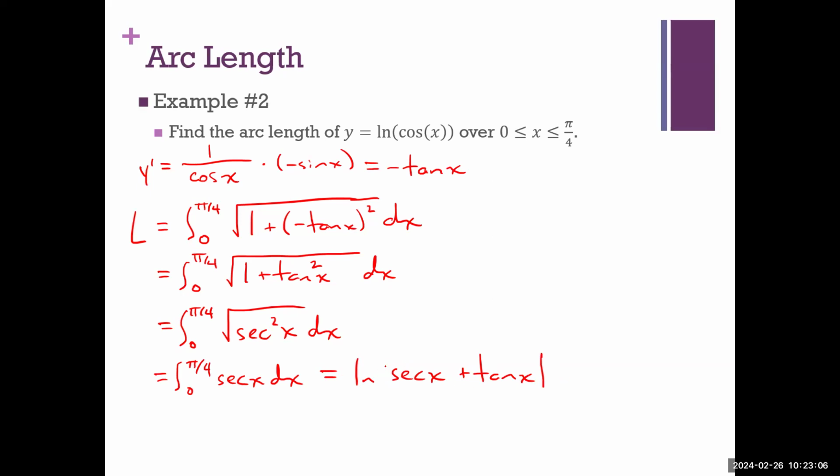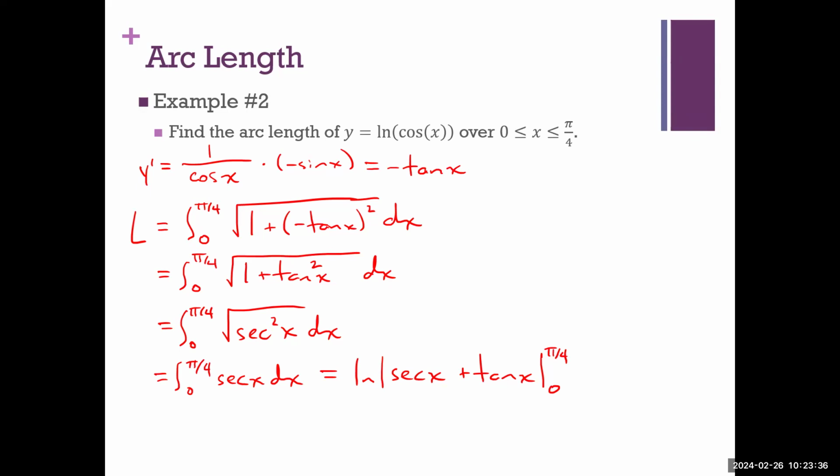Which I'm happy at this stage if we're just Googling, but yeah, this is the integral of secant x. So we've kind of gone a long way pretty quickly. So let's pause. Go ahead. Why is it 1 plus tan squared if it's negative? Because we're squaring this right here. So the negative is going to get canceled out.